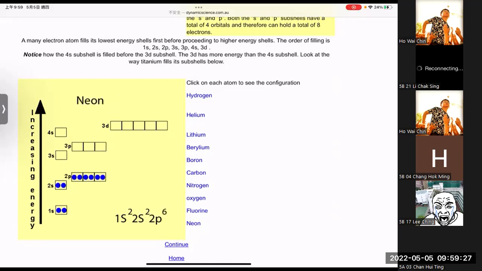What is strange is about the third shell. Those 10 electrons, when vacant, the d orbital energy level is slightly higher than the 4s orbital. So when filling in, it would help you explain why for potassium and calcium, the electronic configuration is 2, 8, 8, 1 and 2, 8, 8, 2 respectively.